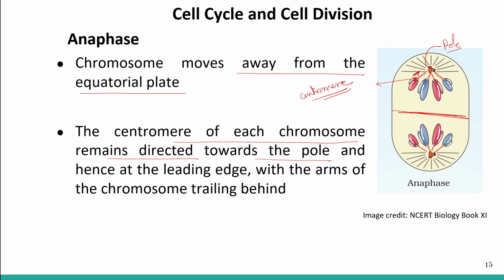It is directed toward the pole, and hence at the leading edge, with the arms of the chromosomes trailing behind. So here you can see these are the arms of the chromosome behind, but the centromere of this chromosome is towards the pole, because it is attached with the spindle fibers, and the spindle fibers just keep on moving towards the pole.